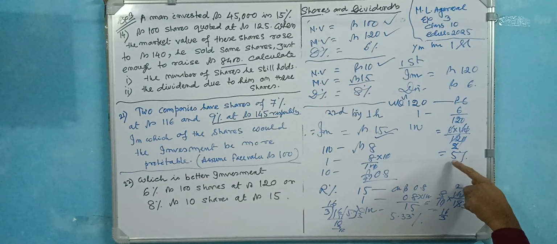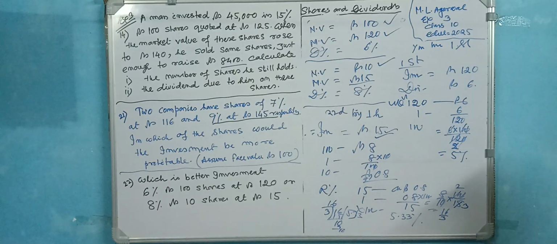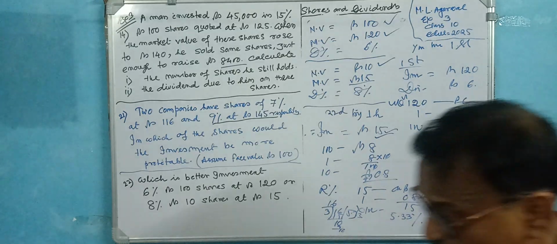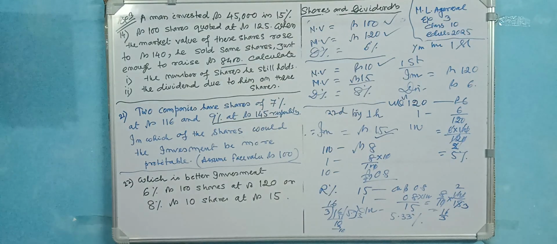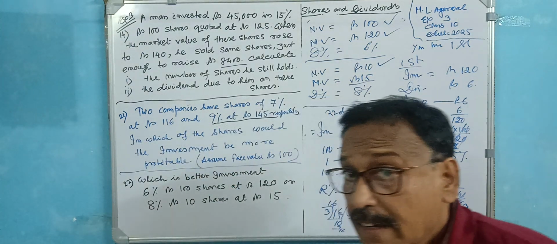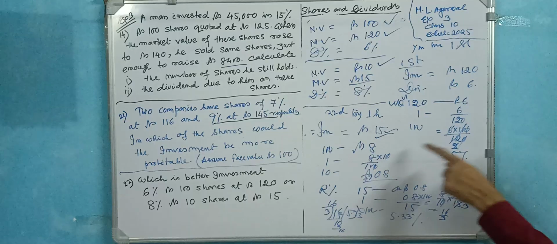Here the percentage of return is 5. So which one is the better investment? This one is the better investment. Is it clear to you? What is the percentage of return?